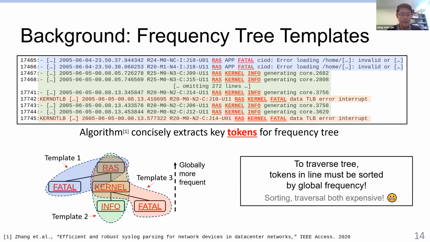Of course, you can imagine that sorting each token in each line would be a pretty computationally expensive operation, especially since it has to be sorted by the global frequency, not just the frequency within each line. And if you're talking about accelerators with potentially lower clock speeds, then traversal of the tree is also a pretty expensive operation because it is not readily parallelizable work.